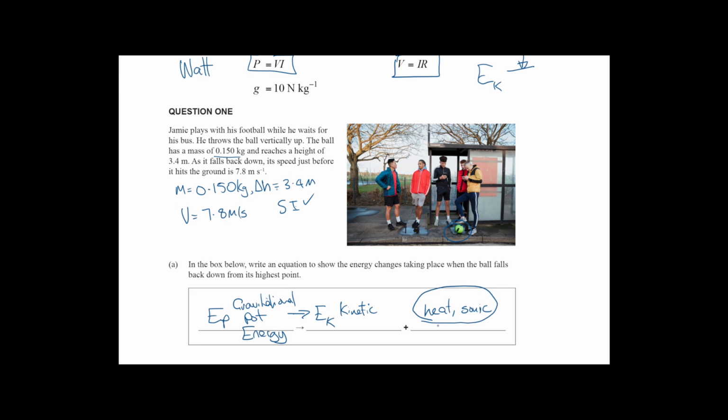You're never going to have a perfect experiment. So for that reason, the gravitational potential energy is always going to be slightly greater than the kinetic energy, because some of it is lost. And I think the next question actually addresses that. So it's a really important concept to grasp. It's never 100%.